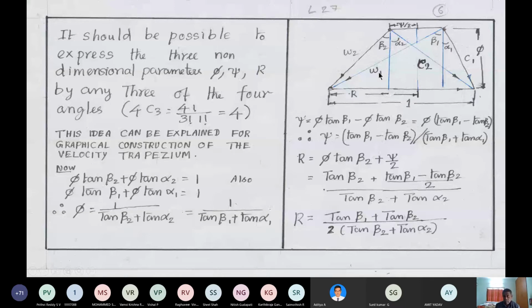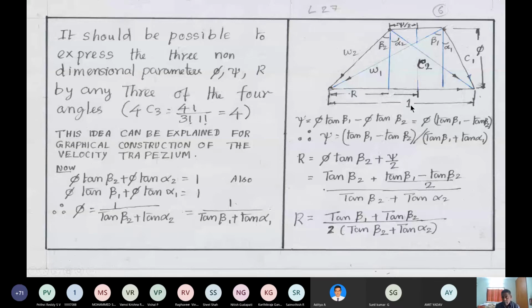Okay. Now looking at this figure, phi is this vertical height, so that is equal to phi into tan beta 2. That will give me this base plus phi into tan alpha 2. That will give you from this to this. So total length is 1 in the non-dimensional parameter.